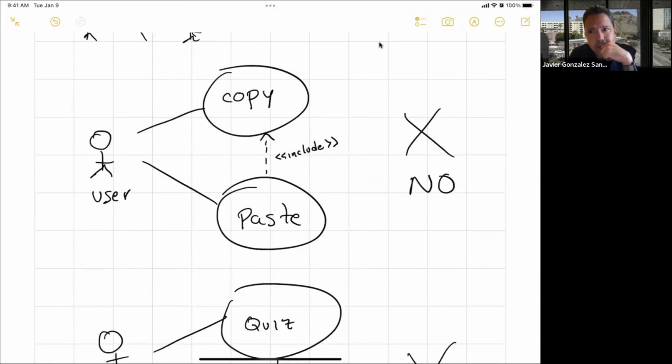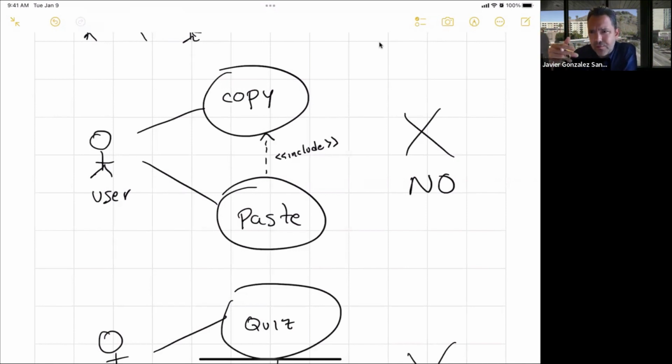Include, copy, paste. Could it happen that I do the copy but never the paste? Can I press the keys that correspond to copy and I just forget and therefore I never paste the information? Could I try to do the paste even though I never copy anything and therefore nothing is going to happen?